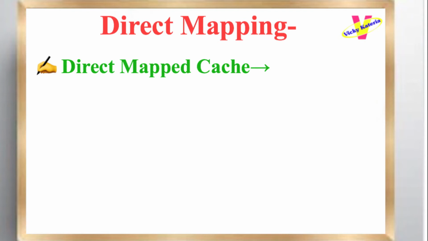The tag field of the CPU address is then compared with the tag of the line. If the two tags match, a cache hit occurs and the desired word is found in the cache. If the two tags do not match, a cache miss occurs. In case of a cache miss, the required word has to be brought from the main memory. It is then stored in the cache together with the new tag, replacing the previous one.